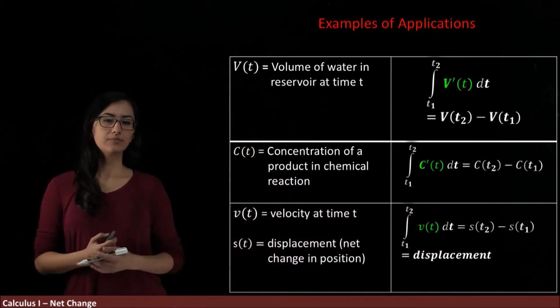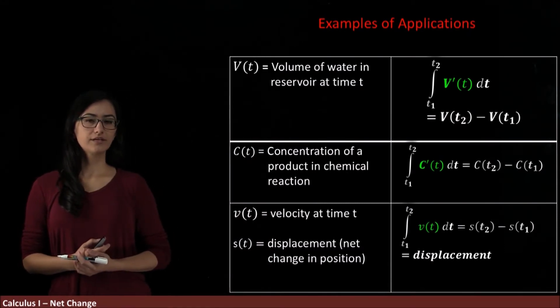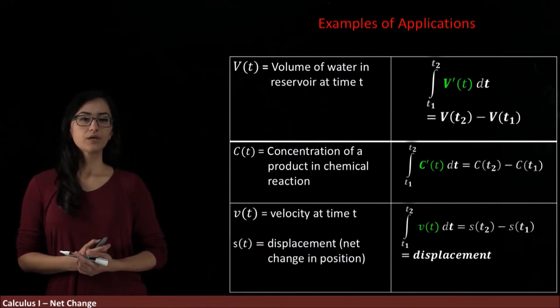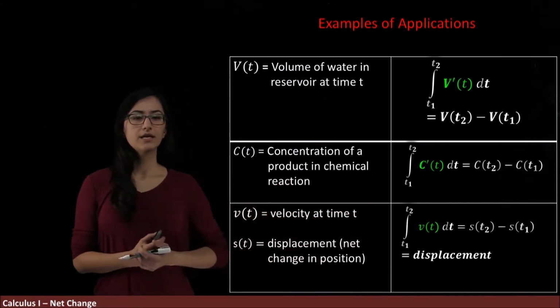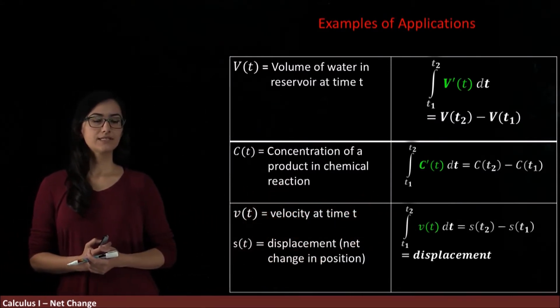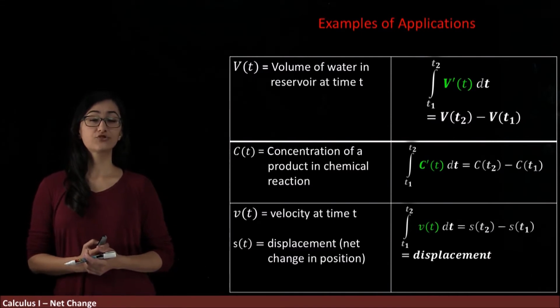With this last example, we should be a little bit careful. So the displacement, which will be the integral of the velocity, is going to be different than the distance traveled.